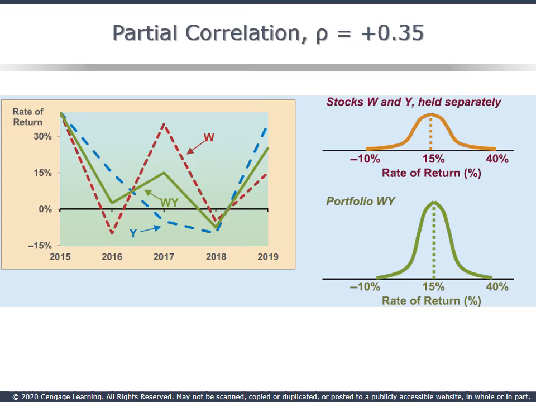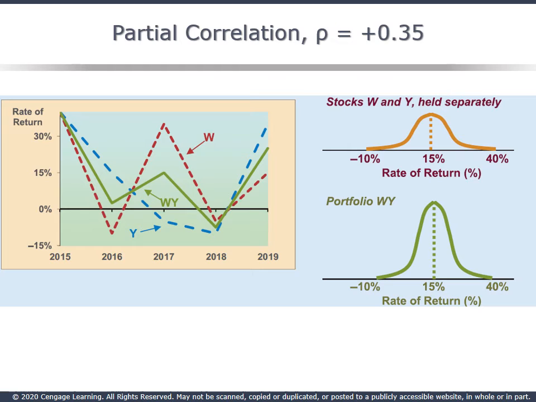And look at the variability of returns. That distribution in the top graph on the right is flatter. There's more variability. But when you combine the two, the return is the same, but we have a much steeper graph. We don't have as much variation in returns. So that's a good thing.